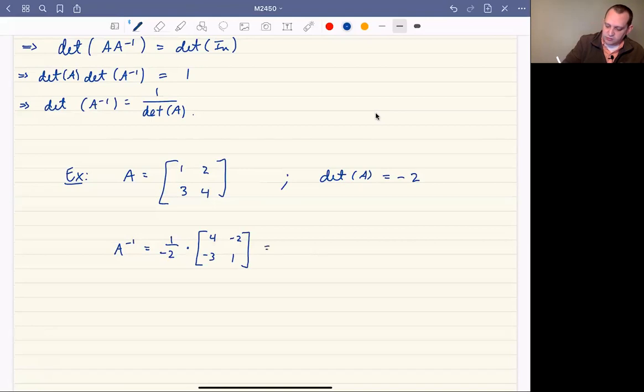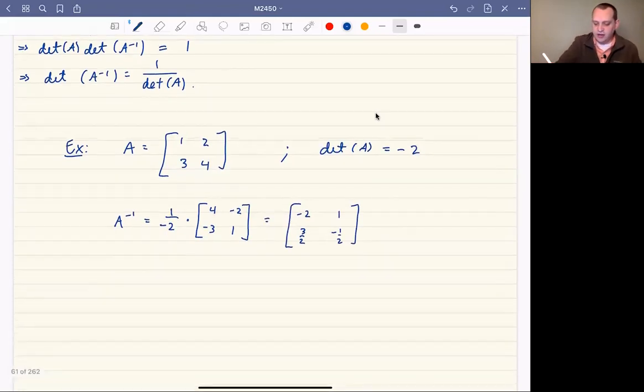That really means that our inverse is going to be -2, 1, 3/2, -1/2. So that's our inverse. It might be worth checking that if you take A times A inverse, this really is the right inverse matrix.